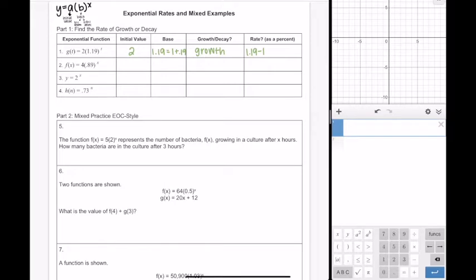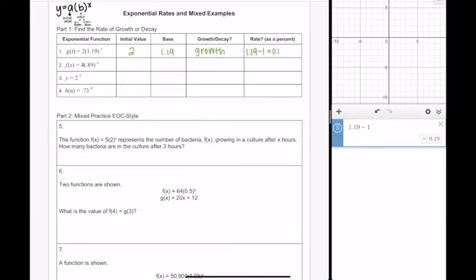Remember when we had to add that r when we were given the rate sometimes? So now we're kind of working backwards. We already have the 1.19, and we want to go backwards to see what was that rate that we had to add to 1. So we're going to subtract 1.19 minus 1, and that gives us 0.19.